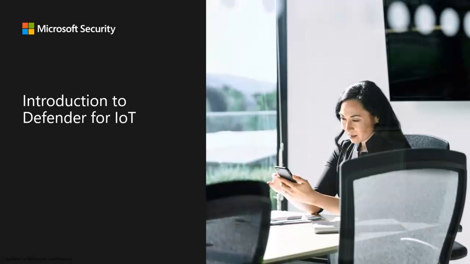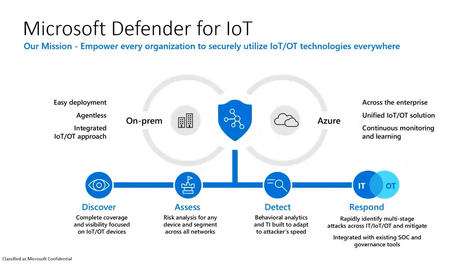All right, so what is Defender for IoT? Let's take a look. Defender for IoT is a security solution which is specifically built for the IoT OT environment. It is absolutely on-premise, keeping in mind the nature of IoT OT devices in the industry right now, which is largely unmanaged and air-gapped.